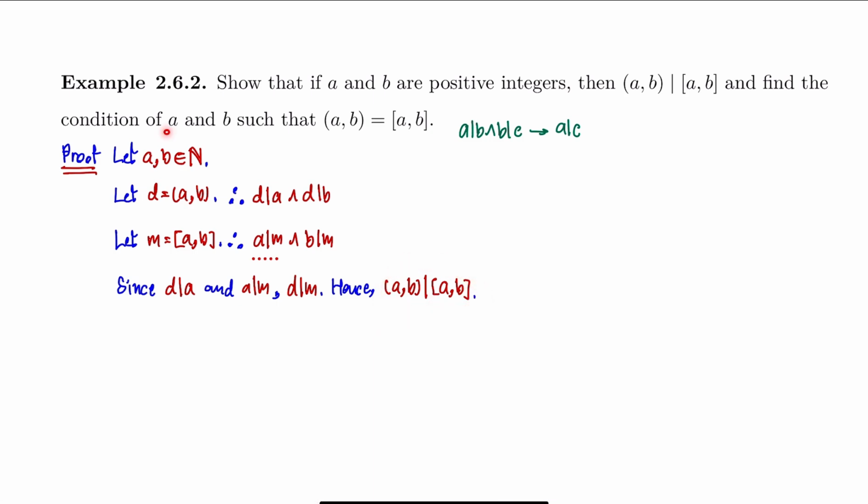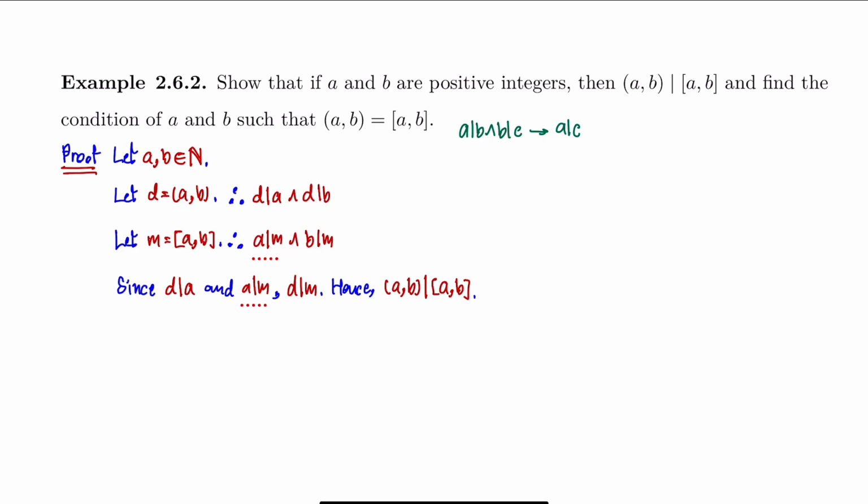Now let's find the conditions for A and B such that the greatest common divisor of A and B equals the LCM. I think when A and B are equal, the greatest common divisor of A and B will be one of these numbers.